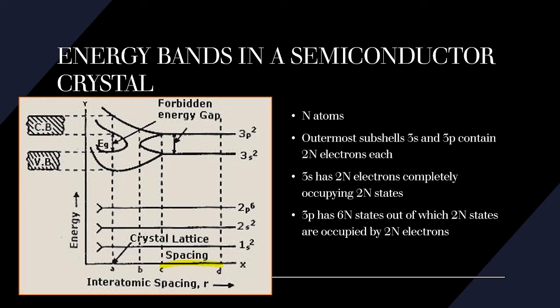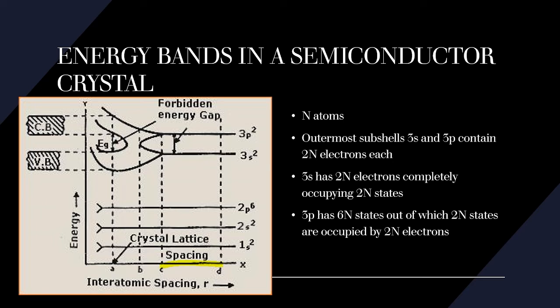The 3s and 3p levels split into a large number of closely spaced energy levels where the electrons can have either energy slightly less or slightly more than the original energy level, as you can see in the region B to C. Now, if you further decrease the interatomic spacing, the energy gap between 3s and 3p disappears.